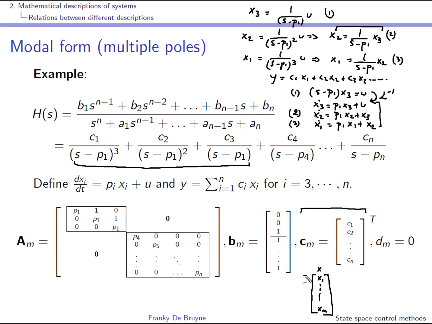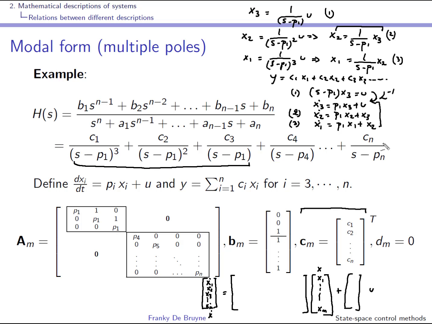Here I'll have to construct the A matrix, and this will be x dot, so we have x1 dot, x2 dot, x3 dot up to xn dot, right? And we have to add, of course, the B matrix times the input.